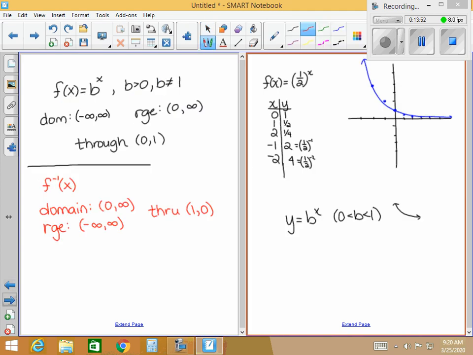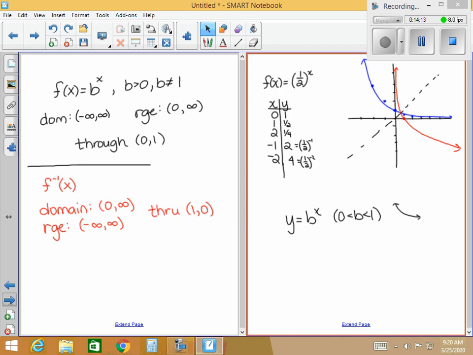Same thing here, and I really stink at drawing these, so I apologize because this is not going to look super good. I can do the ones that grow, but not the others so much. Maybe I can kind of get it like this. Oh hey, that's better than I usually do.